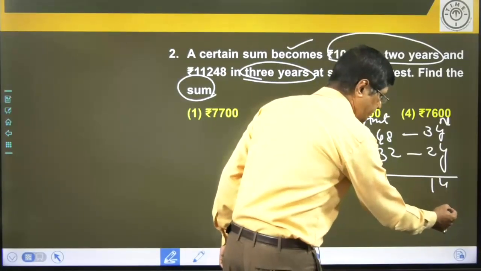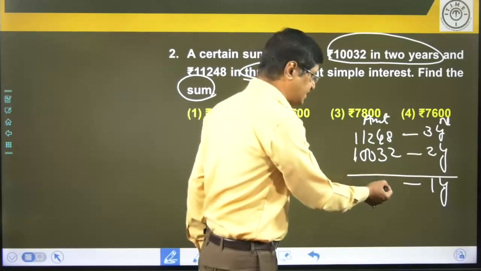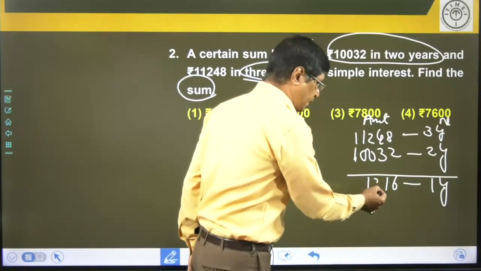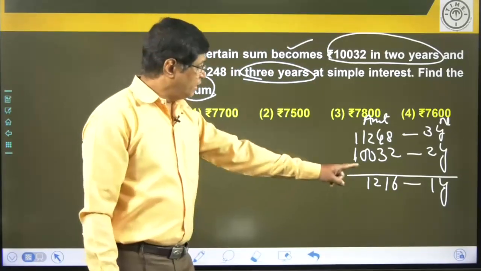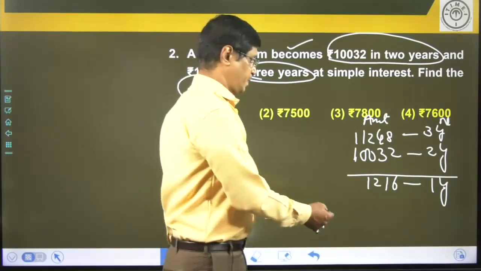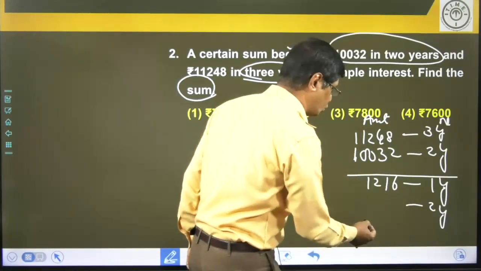The difference in the period of time is 1 year. Difference in the amount, 48 minus 32, it is 16, and 12 minus 00, that is 12. So 1 year interest is equal to 1216. 1 year interest is given here 1216, just find out 2 years interest.